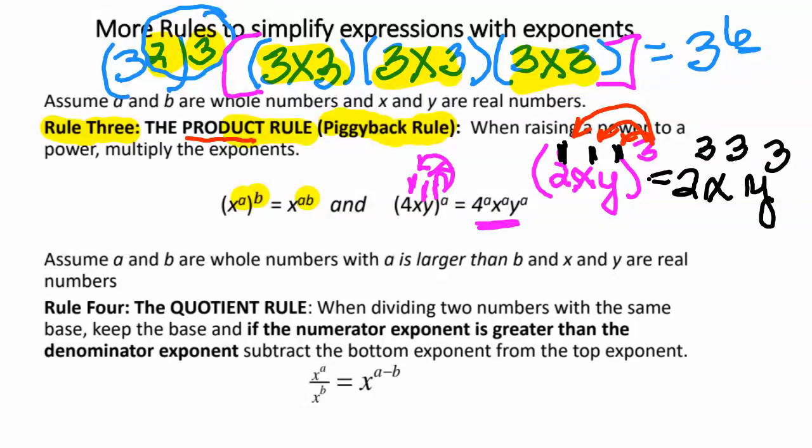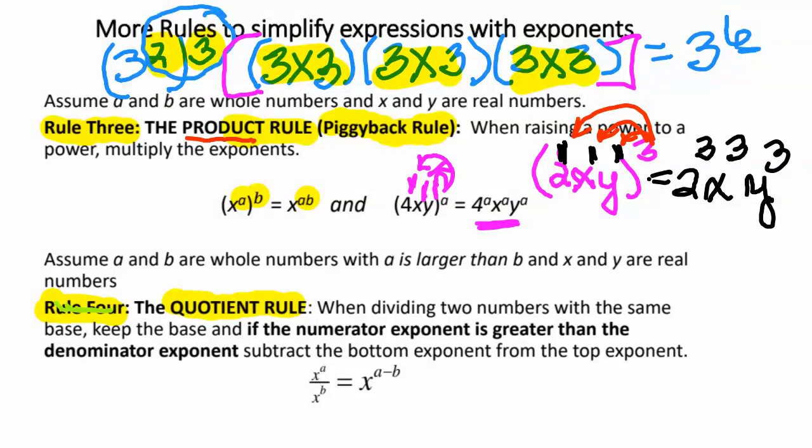Now, this rule is one that you have to watch. This is called Rule 4, known as the quotient rule. Now, this is where you have to watch.